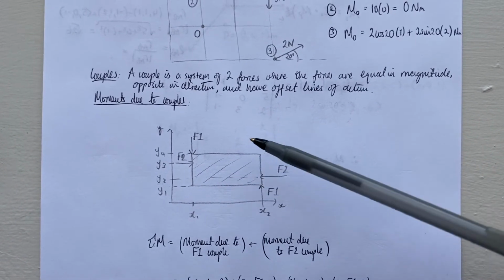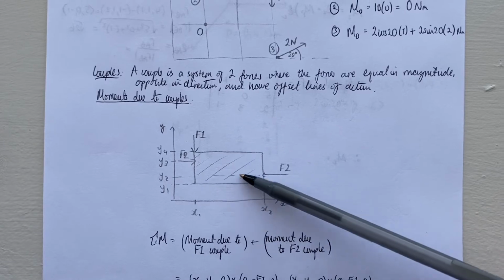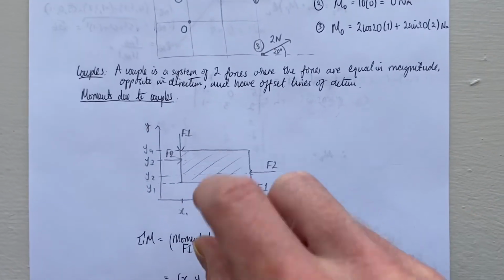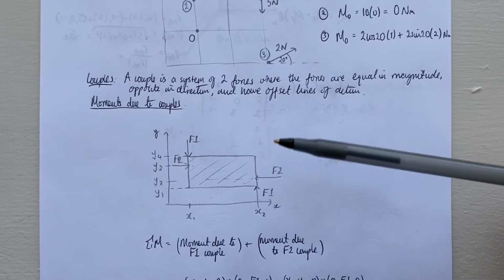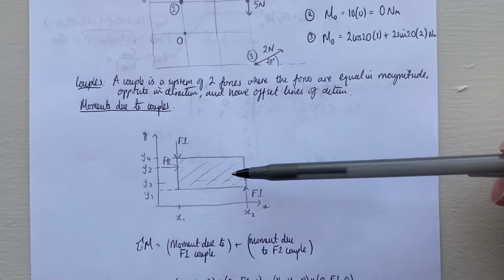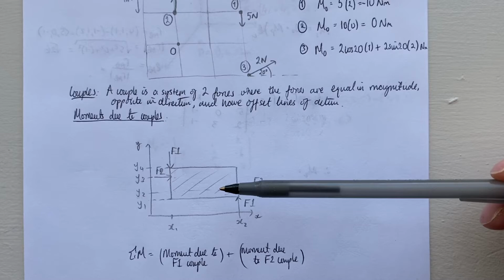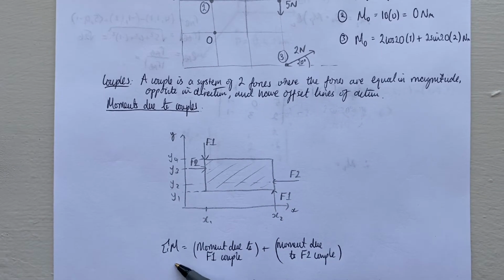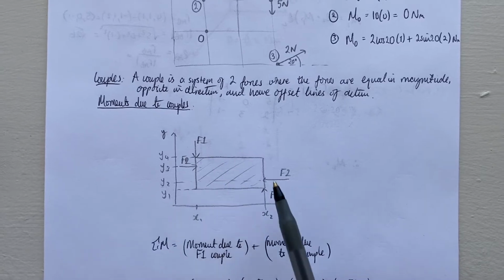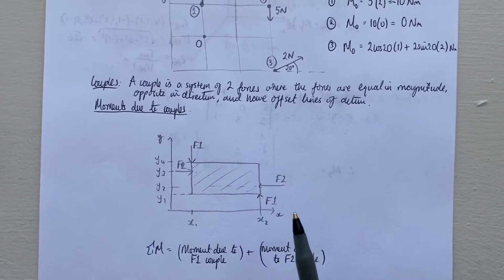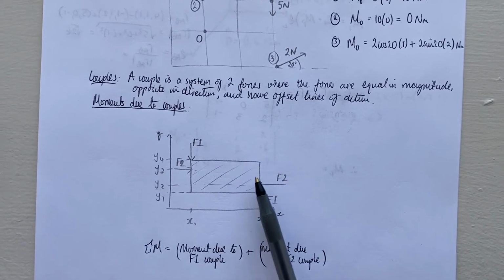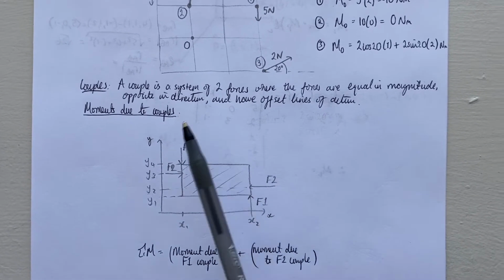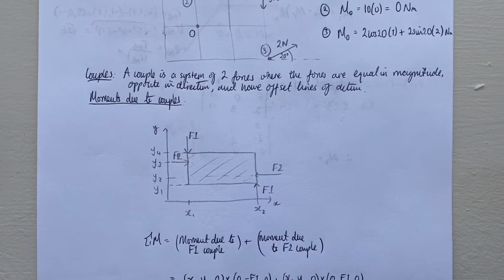The F1 couple is exerting a counterclockwise moment on the rectangle. Can you see that? And the F2 couple is exerting a clockwise moment on the rectangle. So the sum of the moments is the moment due to the F1 couple plus the moment due to the F2 couple, and they counteract each other, but we need to work out which one dominates over the other to work out the total moment.